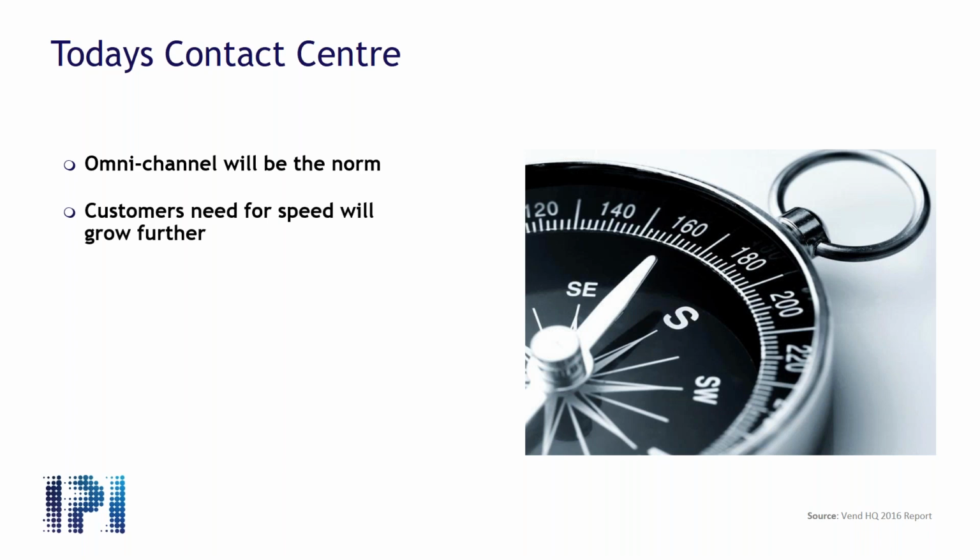We're seeing that customers' need for speed's growing further as well. So this is absolutely supported by that sort of omni-channel approach we're offering. But customers are very much wanting to interact with you and expect a speed response that's significantly grown within the last 10 years. A great example of this was last Christmas. Argos delivered against this whole omni-channel need for speed thing very well.